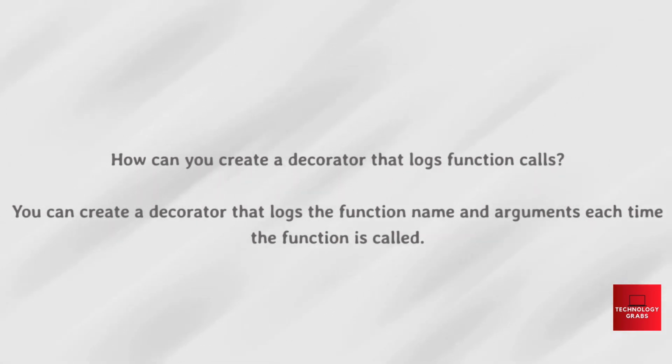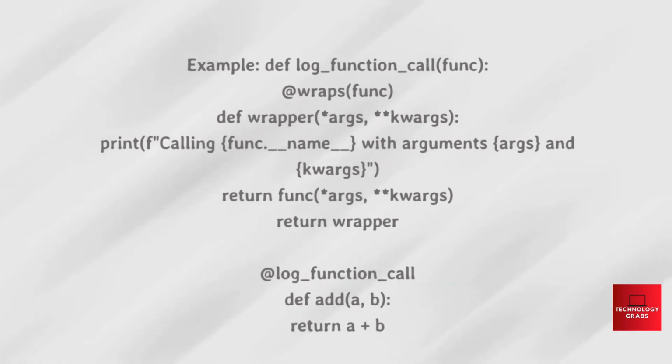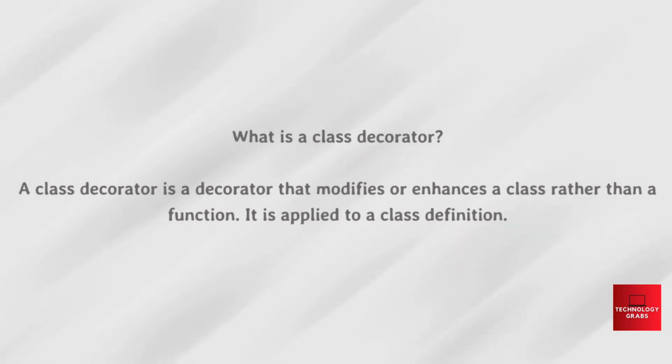How can you create a decorator that logs function calls? You can create a decorator that logs the function name and arguments each time the function is called. What is a class decorator?